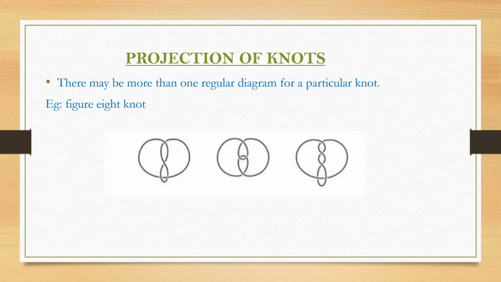And as we observed before, a particular knot can have more than one regular diagram. And this is an example of figure 8 knot. You can see three different projections, regular diagrams of figure 8 knot. And if you observe closely, you can see cuts in between. These cuts denote the actual double crossings or double points in the knot.